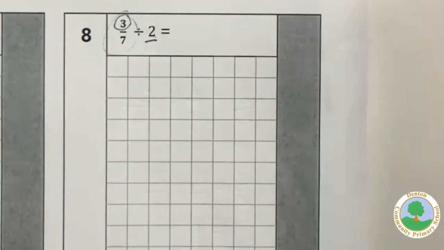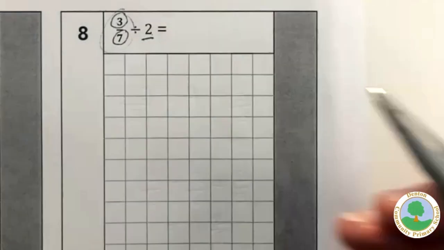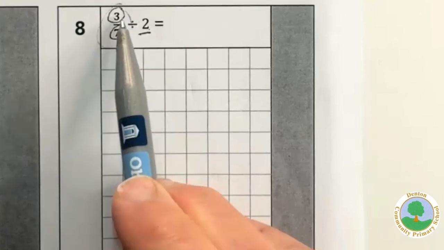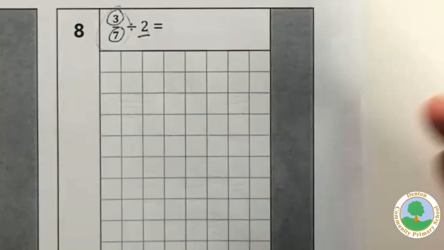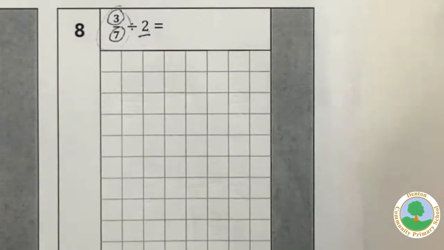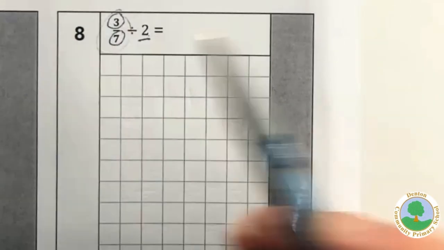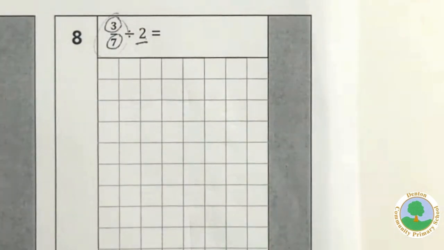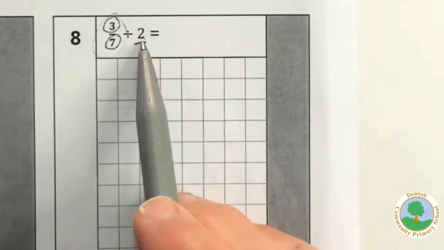Well, there's some really, really clever thinking here. Thinking about sevenths, then they're pretty small things. But if I've got 3 of these sevenths, now half as much, all I need to do is give myself still 3 things, but if all of those things were half the size, then I've divided by 2.